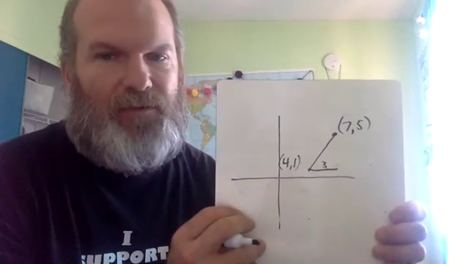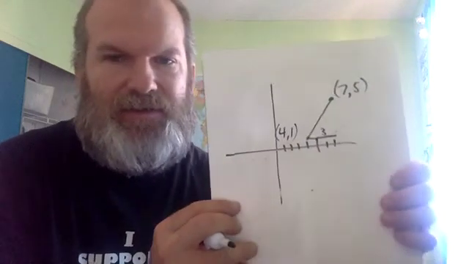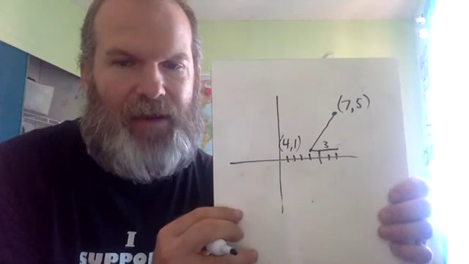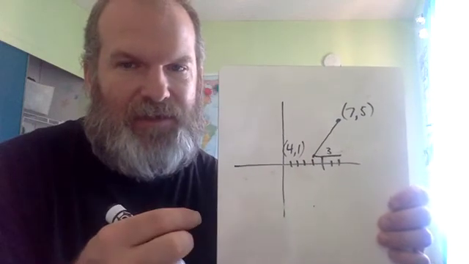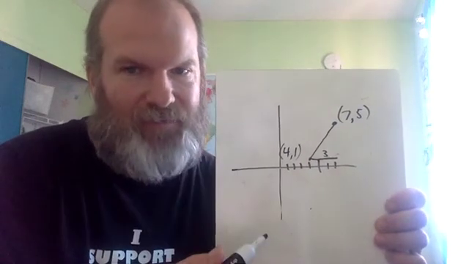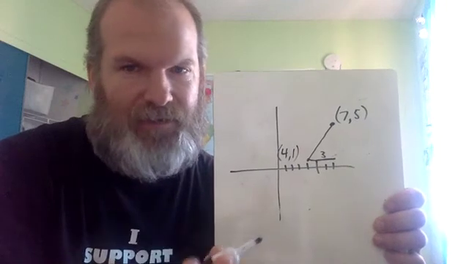Well, it's 1, 2, 3, 4 spaces to get, I'm sorry, 3 spaces, my bad. 3 spaces to get from 4 over to 7. Remember, 4, 1, 2, 3, 4, 5, 6, 7. So if I put the little tick marks in there, maybe it's easier to see. 4, 1 is right there, and we went over 3 spaces to get directly below 7. From 4 to 7 is 3.